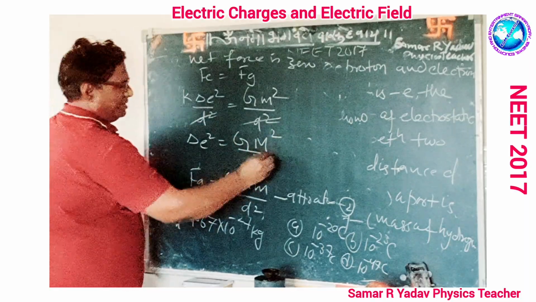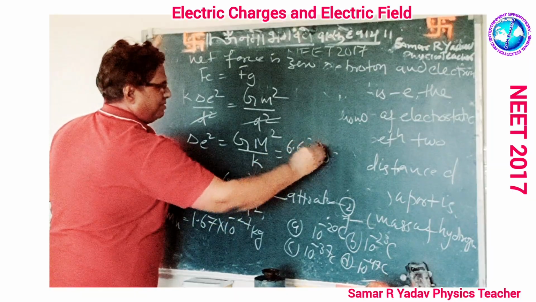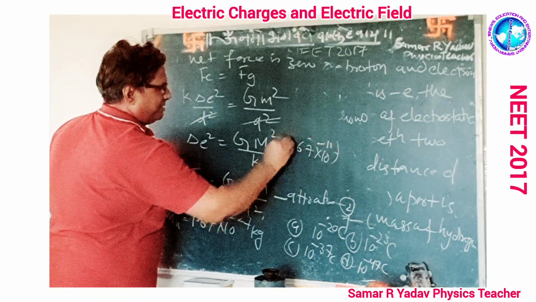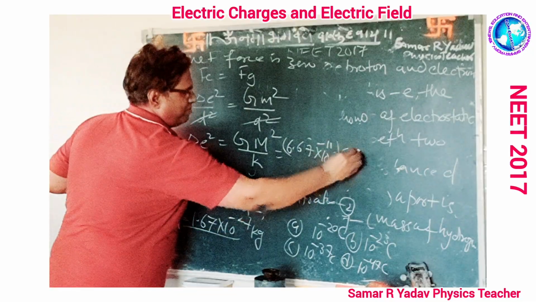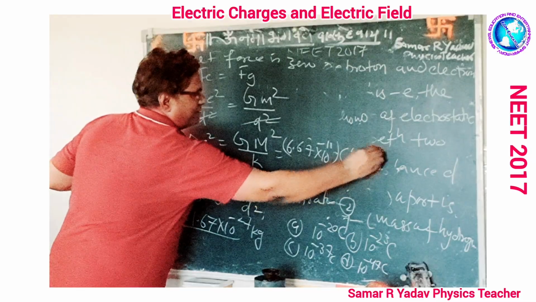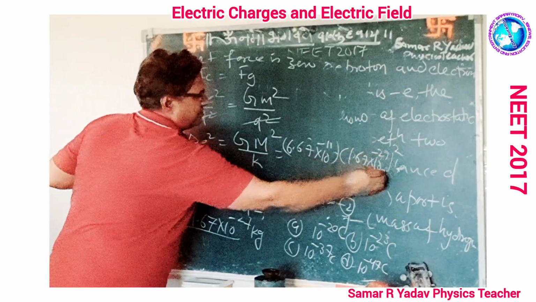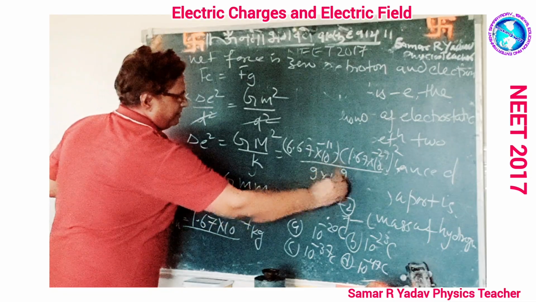Now keeping the values here, G means 6.67 into 10 to the power minus 11, m already given, that is 1.67 into 10 to the power minus 27 whole square upon K, 9 into 10 to the power 9.